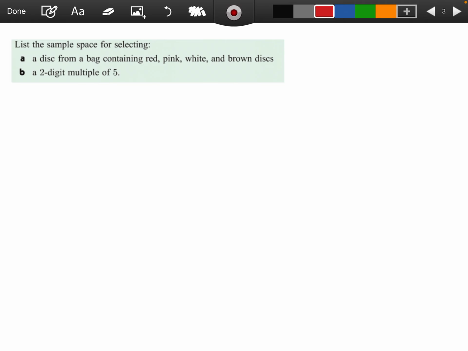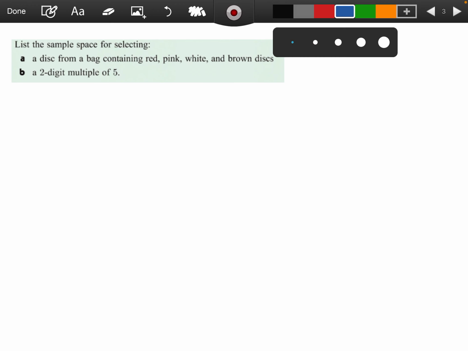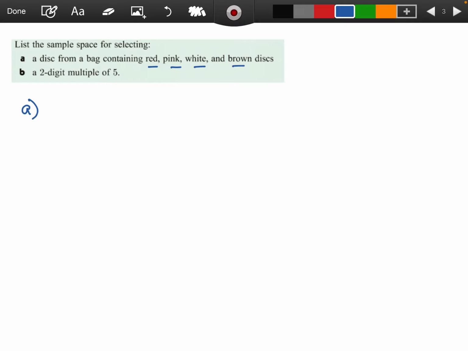Okay, so let's go through a couple of questions, putting that all together into practice. Our first question says, list the sample space for selecting, and then we've got 2 different scenarios. In part A, we are selecting a disc from a bag containing red, pink, white, and brown discs.